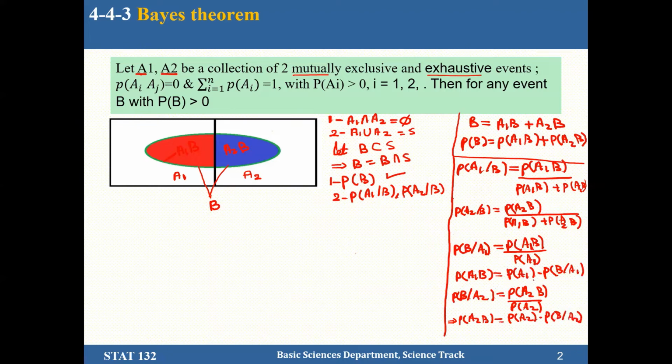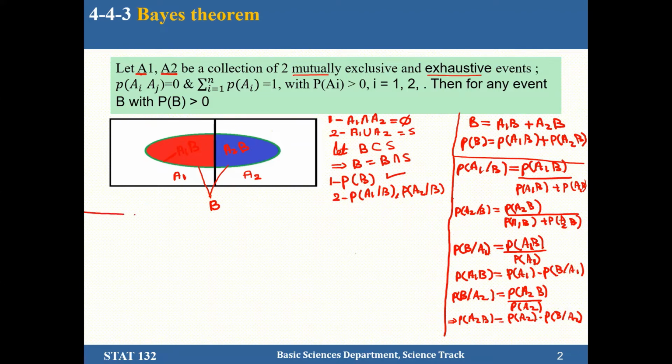So back to P of B: instead of P of A1B, we write this, and instead of P of A2B, we write this.